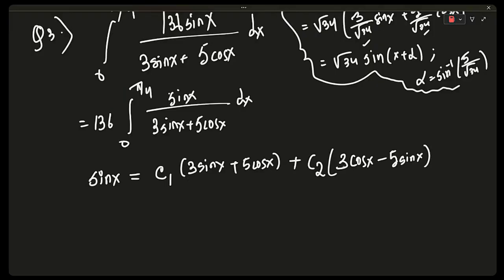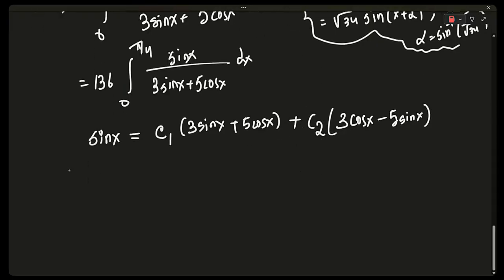This is the motivation for writing sin x as a linear combination. जब मैं बोलूँ दो factors का, उसका मतलब होता है a constant c1 into the first factor plus a constant c2 into the second factor. All that remains is to find this c1 and c2. How do you do that? Well, you simply write this as sin x equals to, collect all the sin x के terms. तो sin x के क्या terms होंगे? 3c1 और एक यहाँ पे क्या है? minus 5c2, correct?